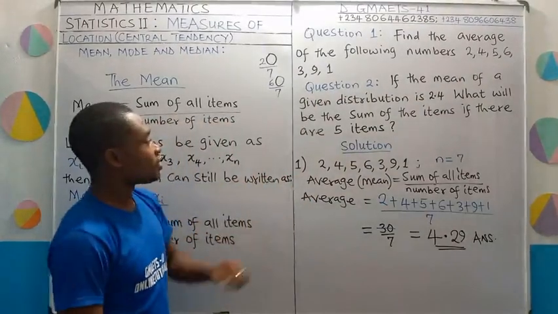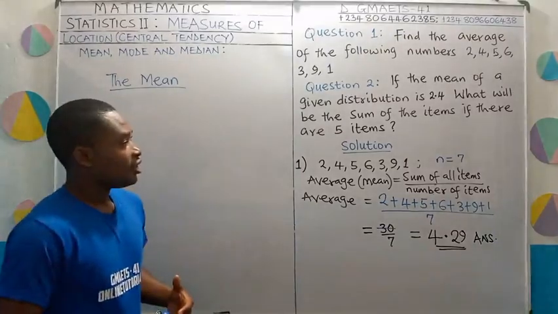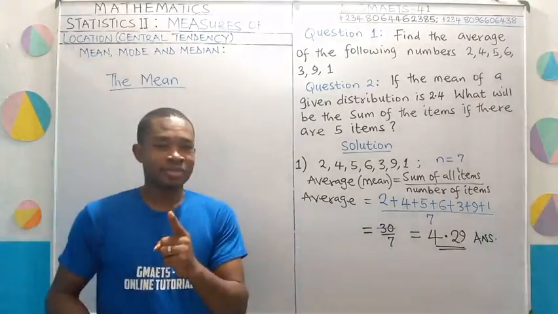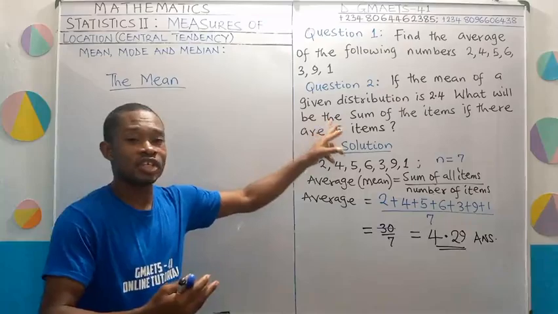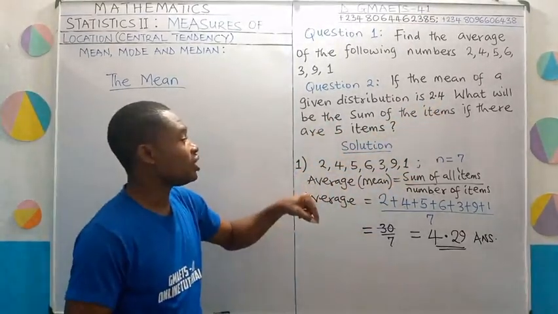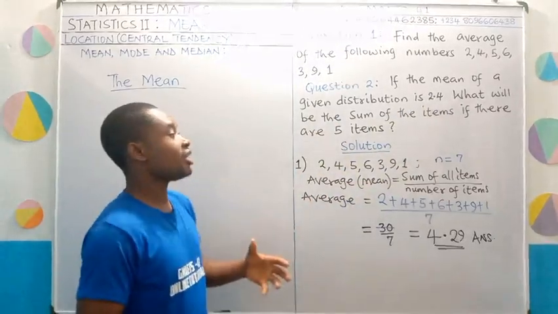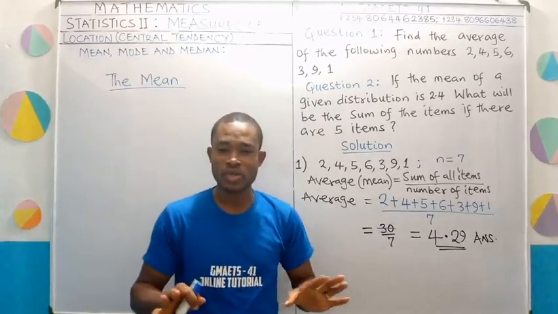Let us now solve the second question here. Are you ready for that? In the second question, we are told, if the mean of a given distribution is 2.4, what will be the sum of the items if there are 5 items? So you see the question here, right?